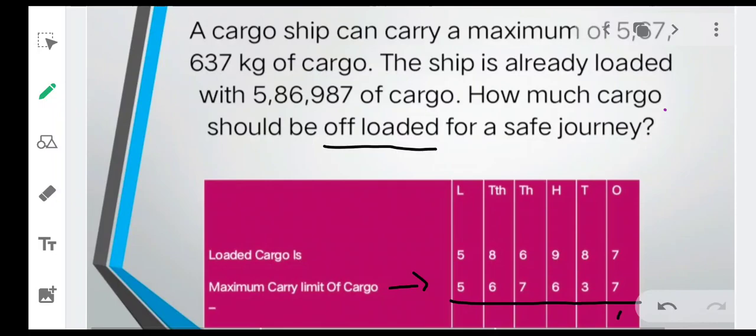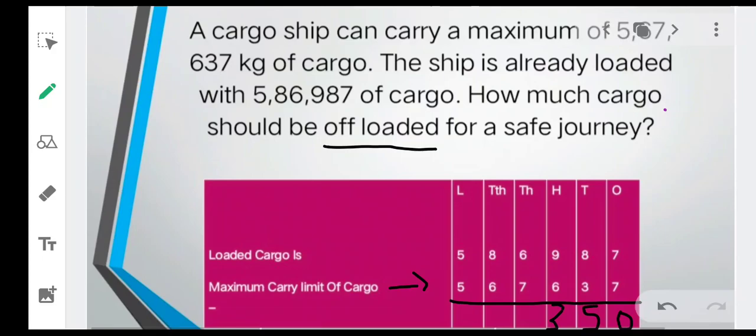7 minus 7, 0. 8 minus 3, 5. 9 minus 6, 3. Students, 6 minus 7, not possible.